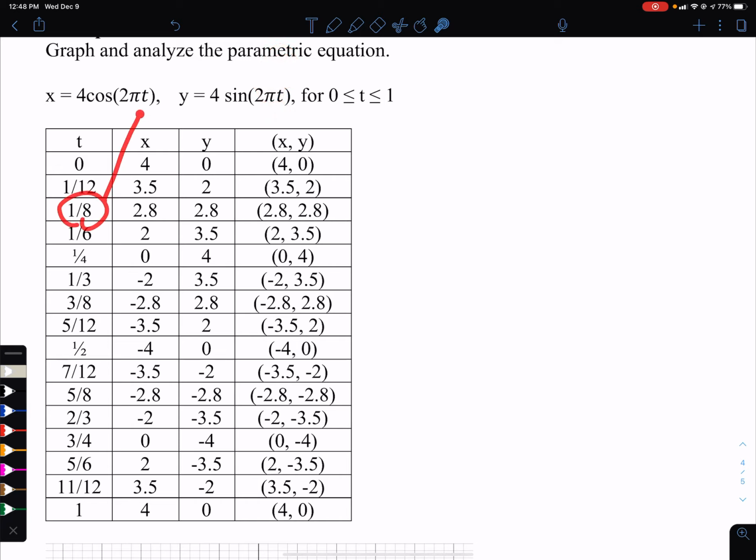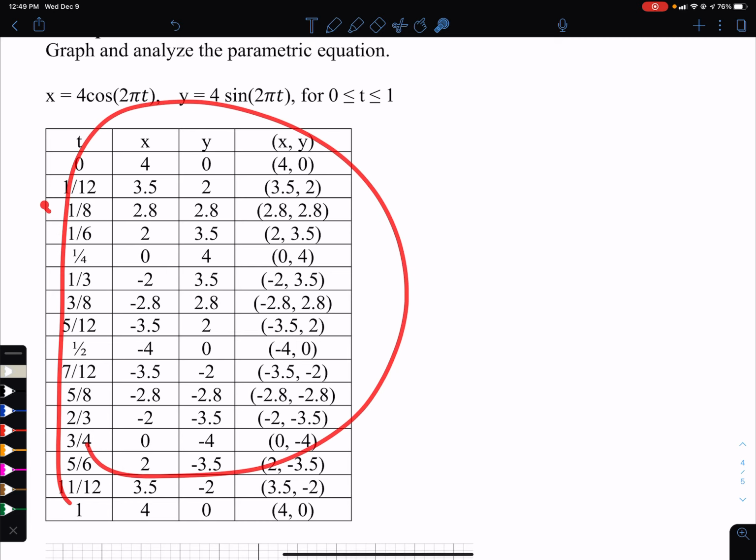Why did I pick 1/8? 1/8 here would get us pi over 4, which is a 45, and I can calculate the x and y. Why did I pick 1/6? 1/6 would give me pi over 3, which I know how to do. Cosine pi over 3 is 1/2. 1/2 times 4 is 2, and so on and so forth, and we get this whole table.